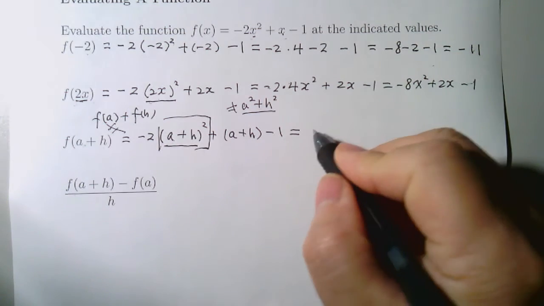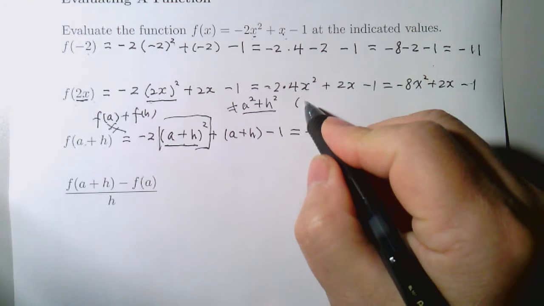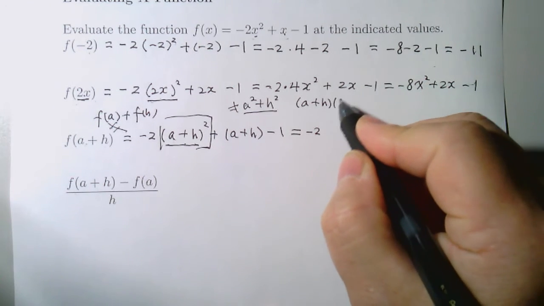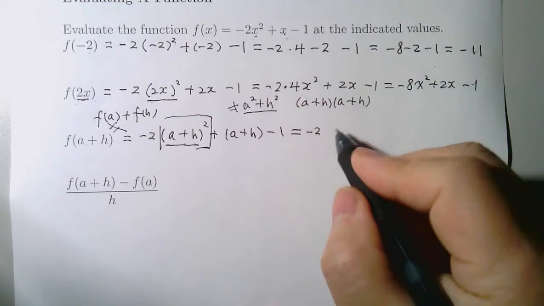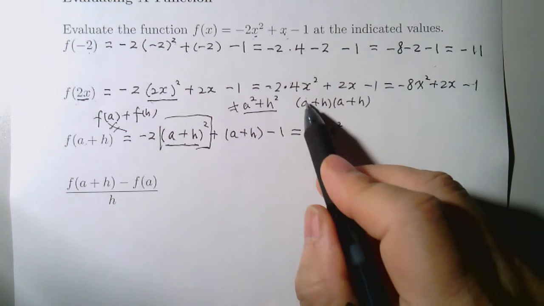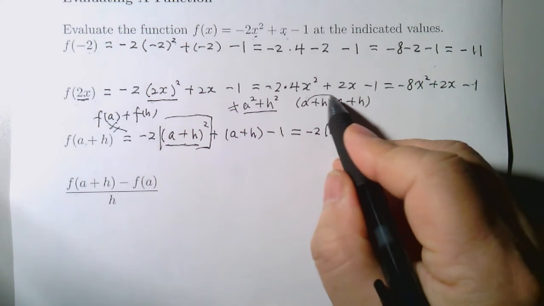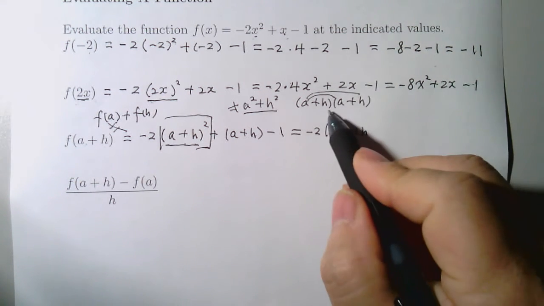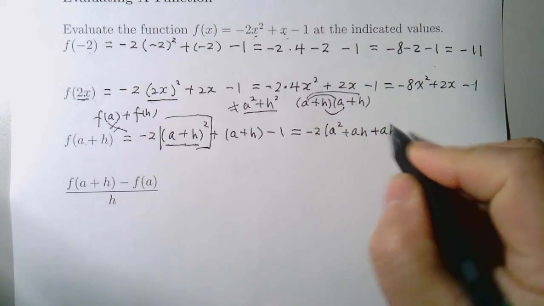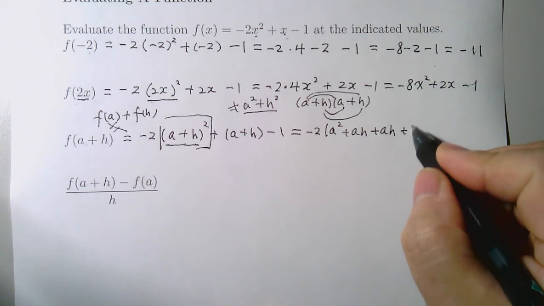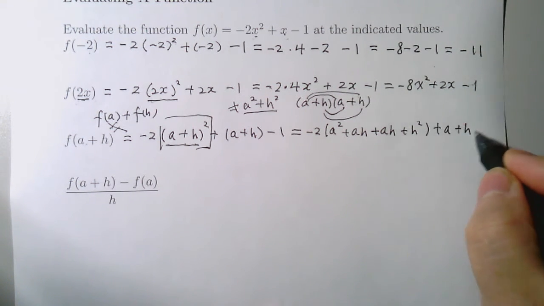So you got negative 2. When you use FOIL, you have to do (a + h) times (a + h). You get a squared, and ah plus ah, which is 2ah, and h squared, and plus a plus h minus 1.